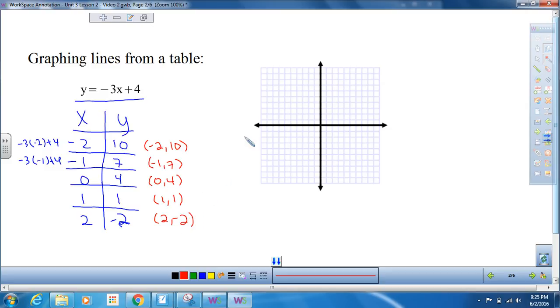Okay, so I'm going to graph these 5 ordered pairs. The scale on my graph is just 1. So it's a 10 by 10 graph. I know the grid lines are a little light and they might be a little hard to see.